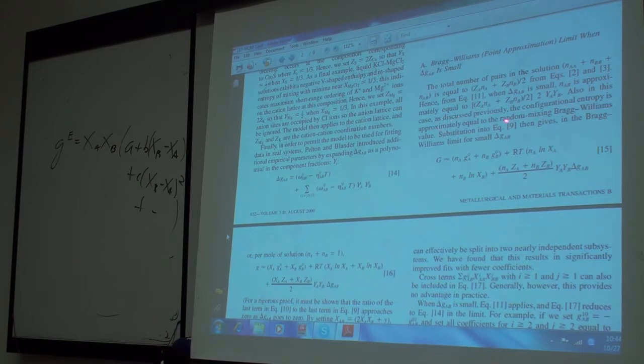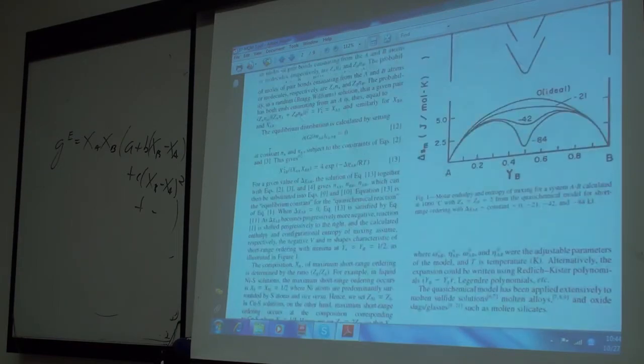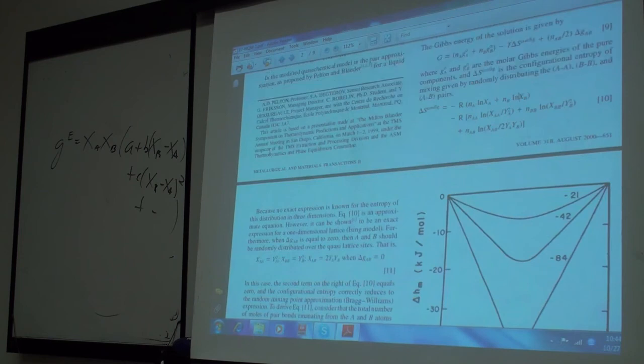In this case, it is approximately equal to the random mixing Bragg-Williams model. Substitution then gives, in the Bragg-Williams limit for small delta GAB, if you substitute the approximate expression for NAB back into equation 9, which is your equation here. In equation 9, we're substituting the approximate expression for delta GAB here.